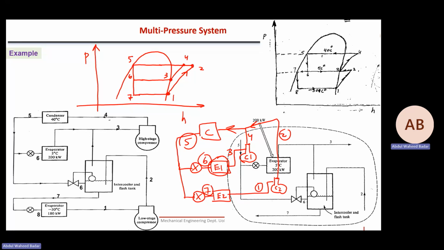So actually it's 5 to 6 and 5 to 7. Show arrows, but correctly. If you show it the other way around, it's a big crime.